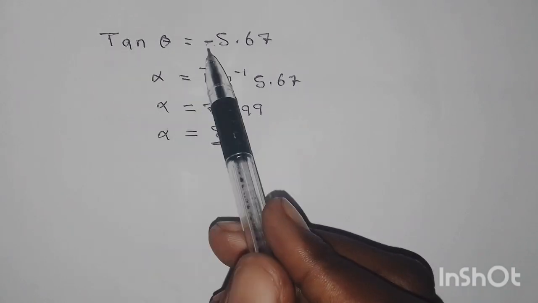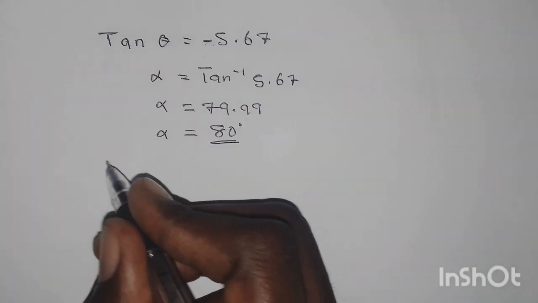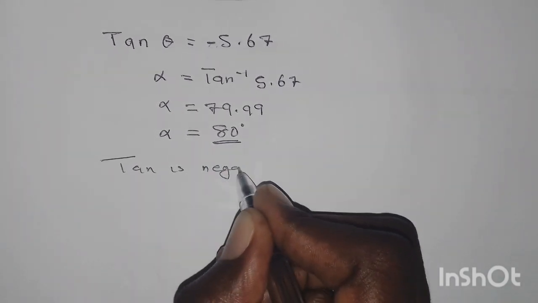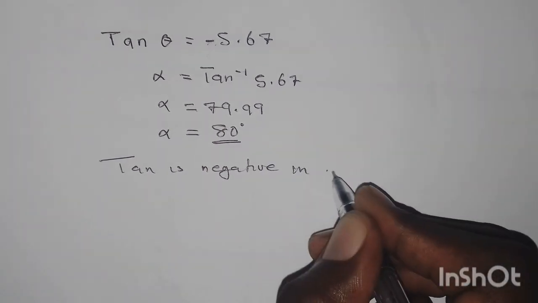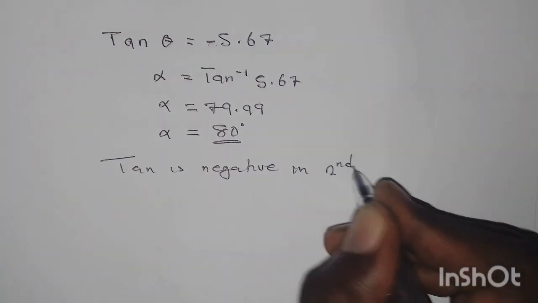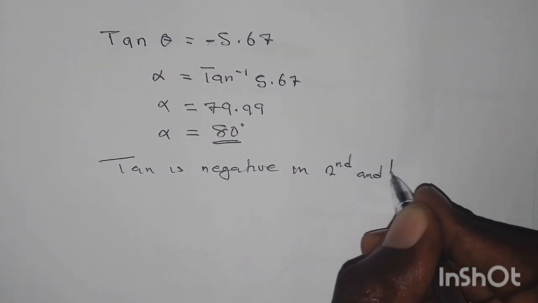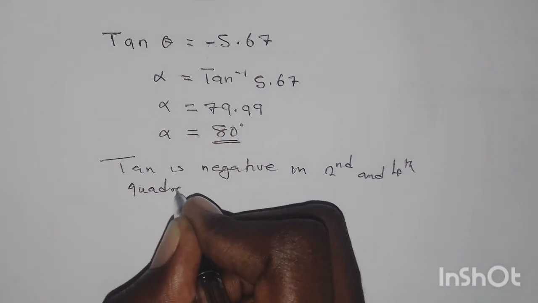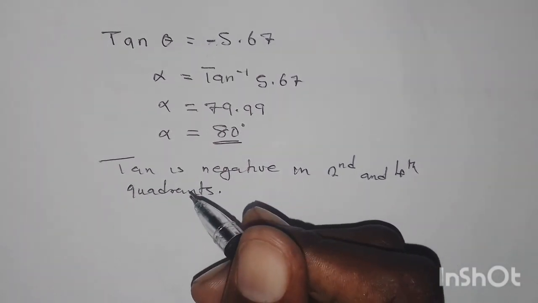Tan is negative in the second and fourth quadrants.